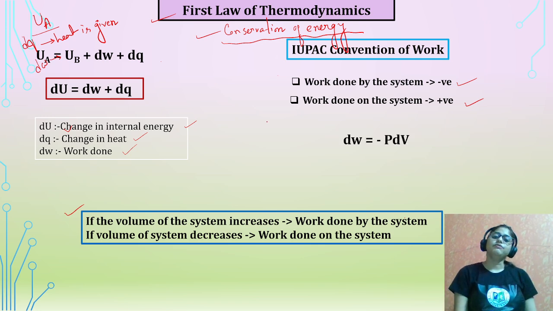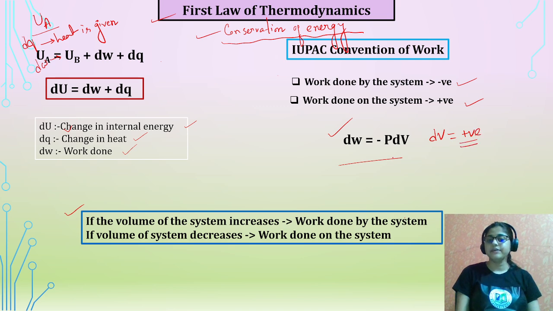We will talk about dw in another lecture, but you should know that work is minus pdv, where p is the pressure and dV is the volume change. If the volume of the system increases, work is done by the system, dV will be positive, and so dw will be negative. We know that negative dw means work done by the system.